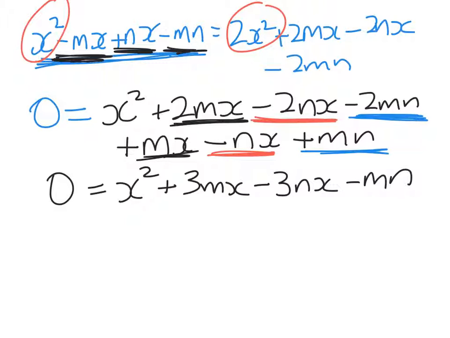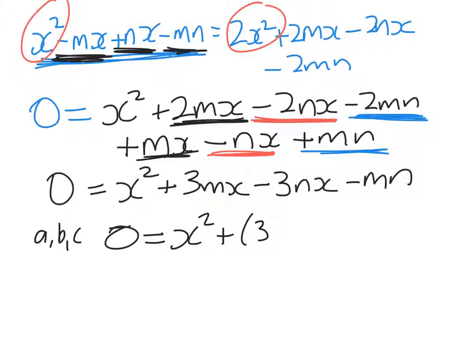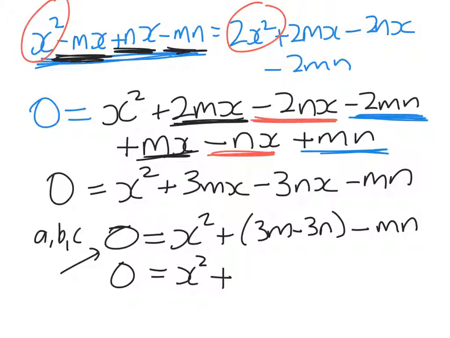Now what we want to do with this is use the quadratic formula. So to do that we have to get our a, b and c. So we want to clean it up a bit more. We're going to get 0 equals x squared plus 3m minus 3n x minus mn. I'm doing this with every single step in it. Some of you will have probably skipped this line and gone straight to x squared plus 3 times m minus n, x.